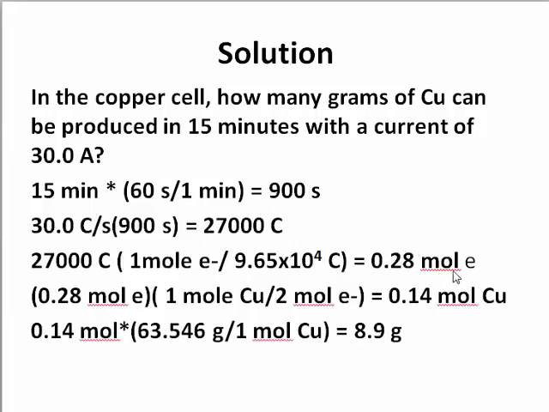We can convert that to moles of electrons. That's 0.28 moles of electrons, two significant figures. Convert that to moles of copper, and then by multiplying by the molar mass, convert moles of copper to grams. Now, I have shown each of these calculations one step at a time.